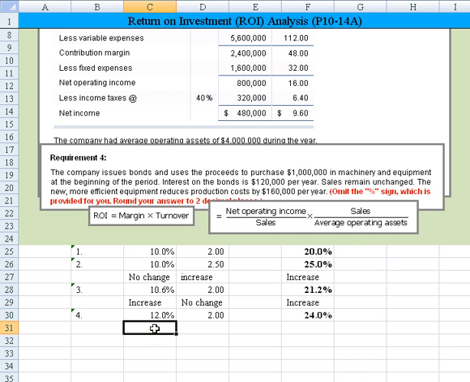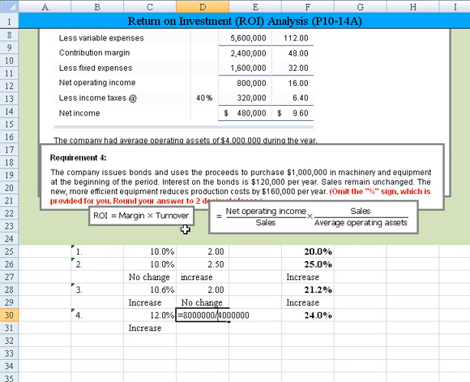That number goes to 12%, which represents an increase. Now over on the turnover side, what we have is 8 million, but we can't divide it by 4 million because now the operating assets have increased. We have 1 million of equipment at the beginning of the period, so we've got an extra million in there.